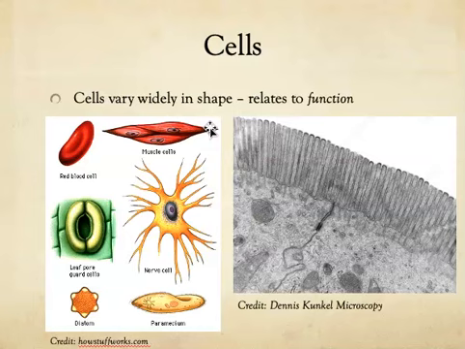Form relates to function. All of these strange, alien-looking projections coming off of this neuron represent what we call dendrites, and dendrites are simply projections of the membrane. The job or the function of this neuron is to gather information and relay it to the nervous system.